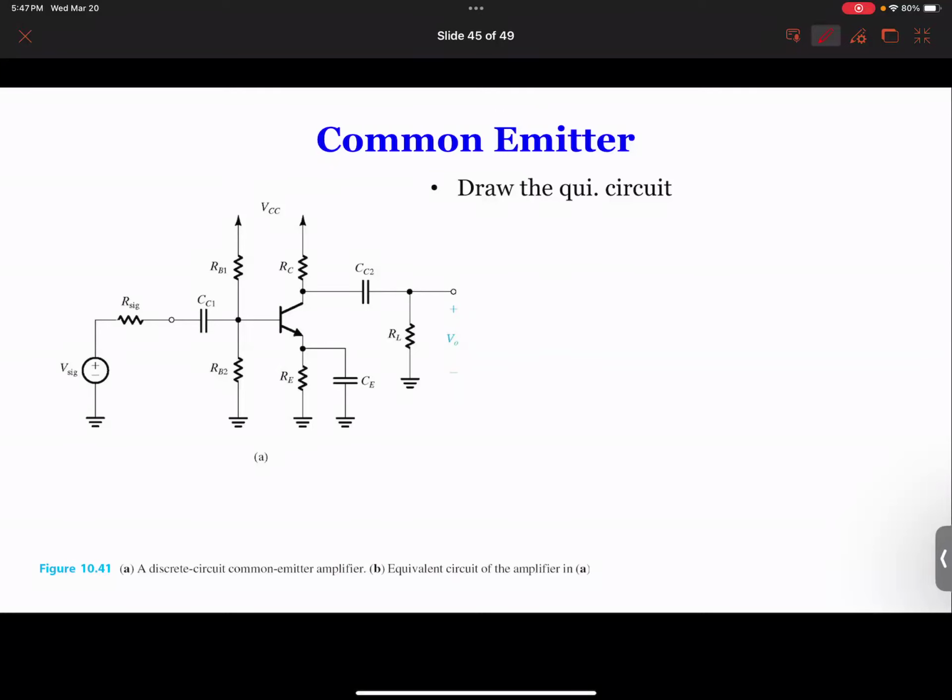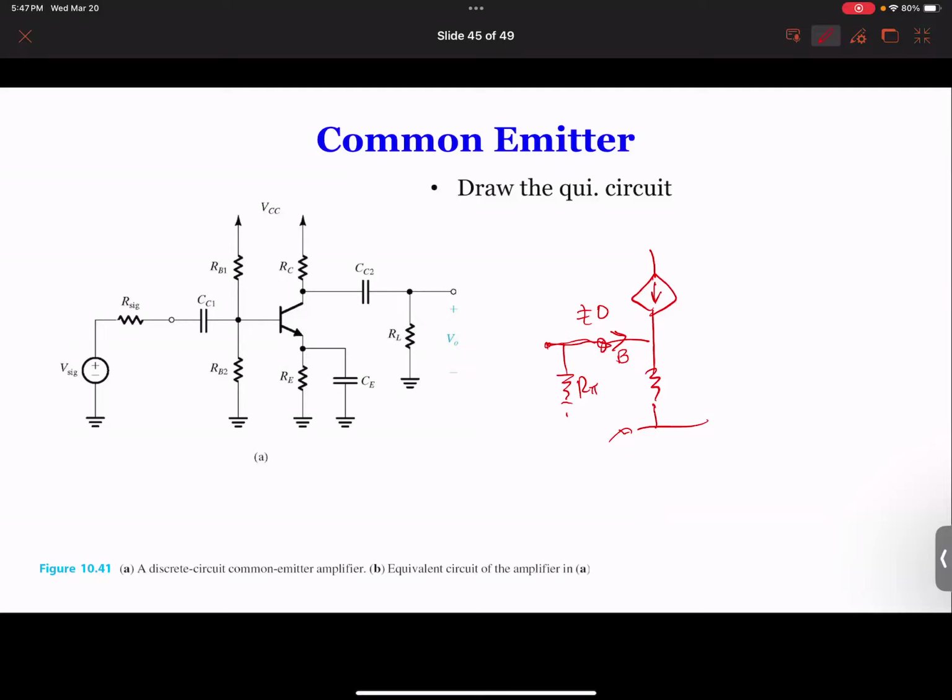Remember the equivalent circuit for the T model? It's like this. And the only difference, or maybe two differences, well, you have R pi. And the other difference is that the current going to the base is not 0. That's the only two differences.